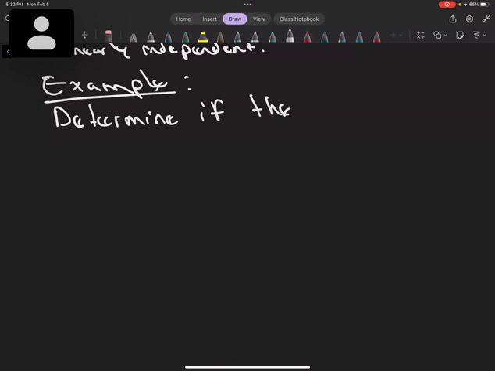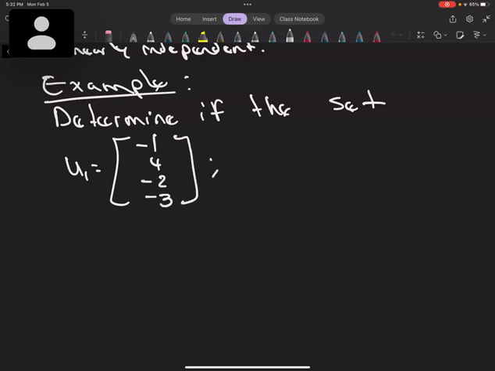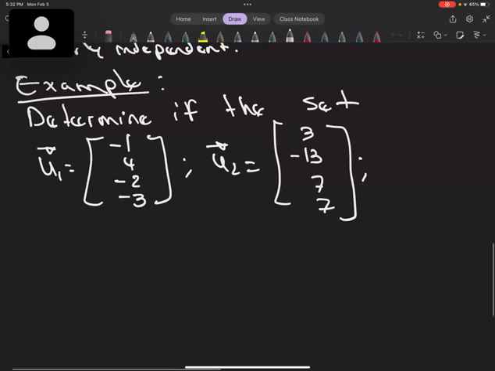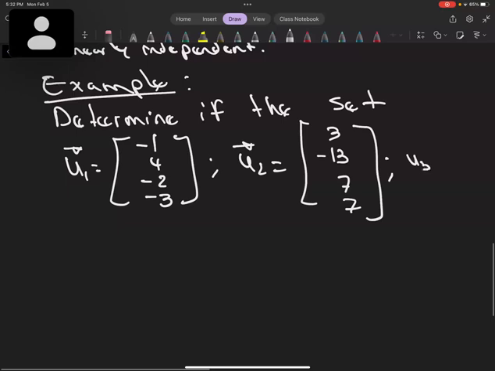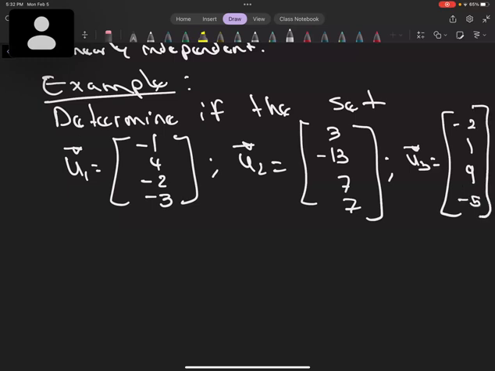Determine if the set u1 equals minus 1, 4, minus 2, minus 3, u2, these are vectors, no? 3, minus 13, 7, and 7, and u3 equals minus 2, 1, 9, and minus 5, right?